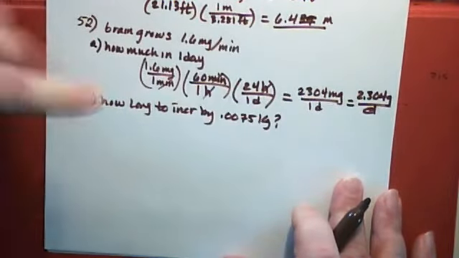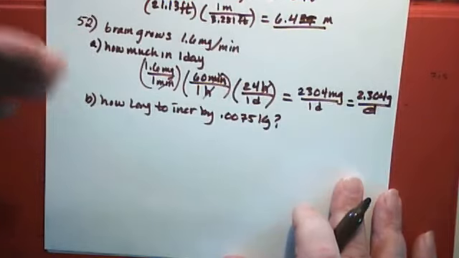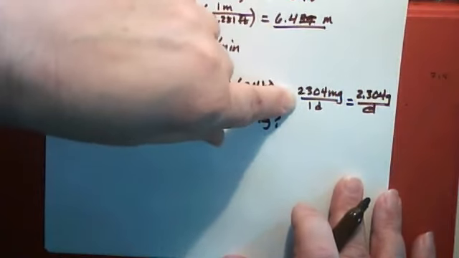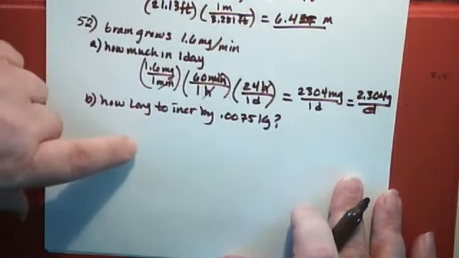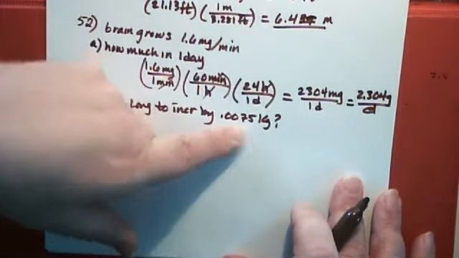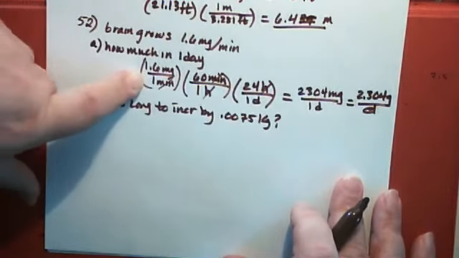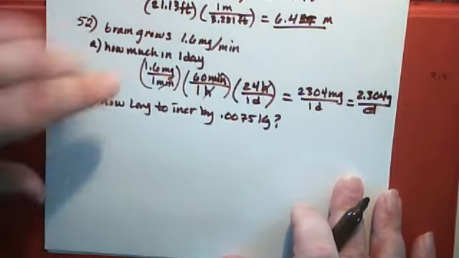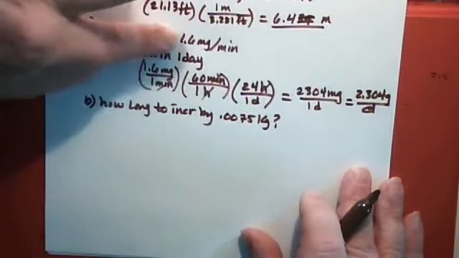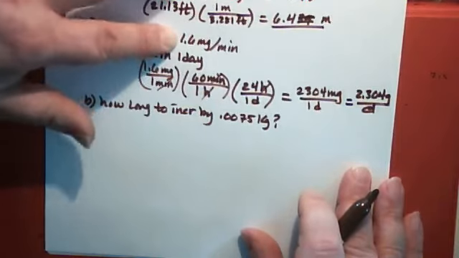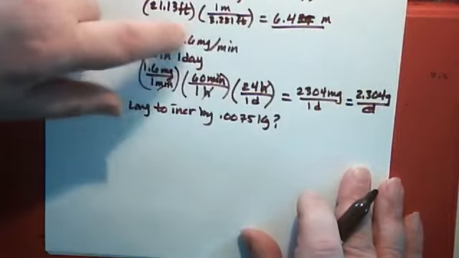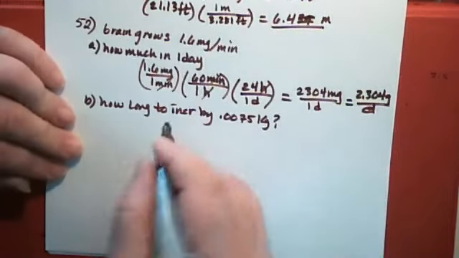There's no units mentioned here, so you could use milligrams per day or grams per day to find out how many days it takes. Or you could use the original measurement to find out how many minutes it takes, because it just says how long. It doesn't say in what units. In cases like that, I would tend to go with what's given in the problem, just because we may have screwed up the calculations somewhere, which would make this number wrong. So we know that number is right because it was given right in the problem.